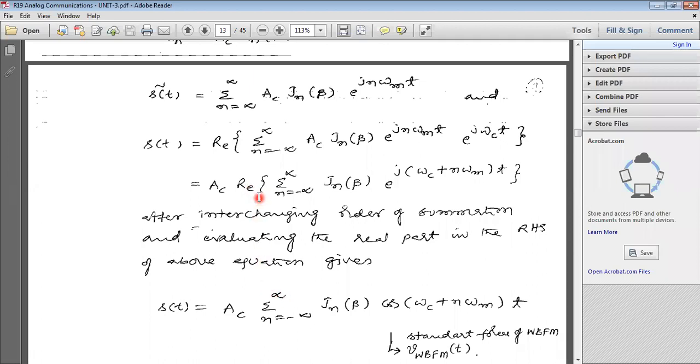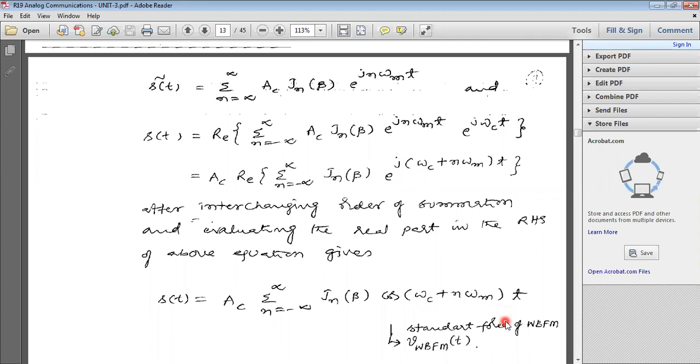Therefore, the above signal becomes S of t equal to AC into sigma n equal to minus infinite to infinite Jn beta into cos of omega c plus n omega m into t. Again we convert it back to e power j.